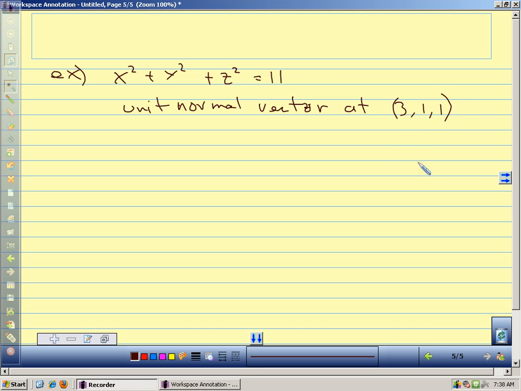So our desire is to find a unit normal vector at this point. So we know that del f gives a normal vector. We have our function f of x, y, z as a constant, so del f is going to give us a normal vector.